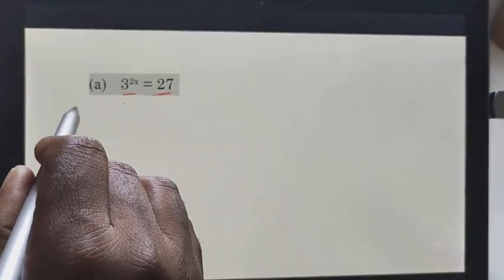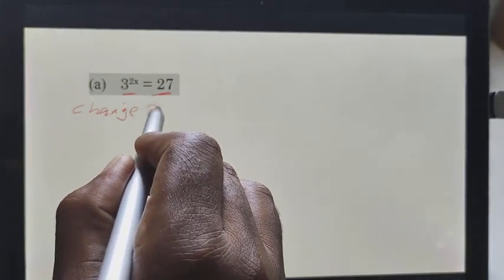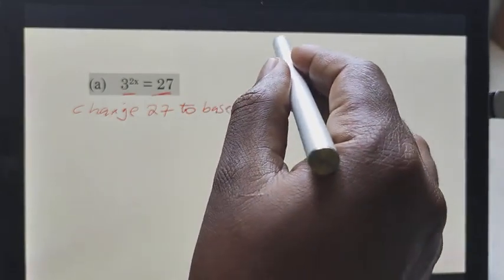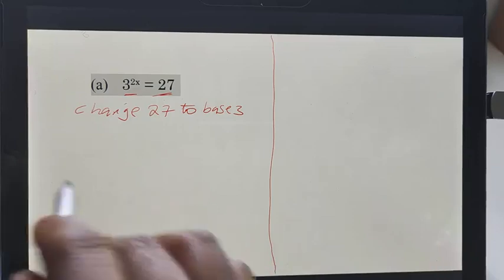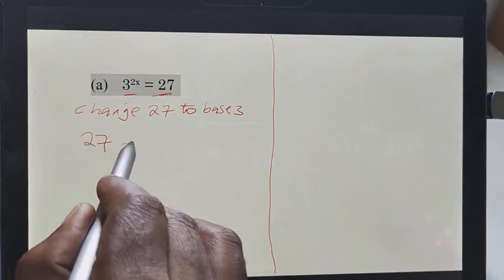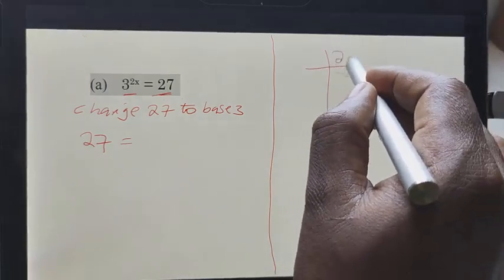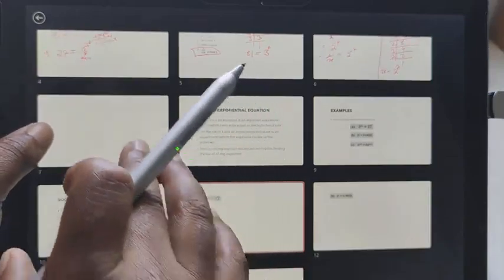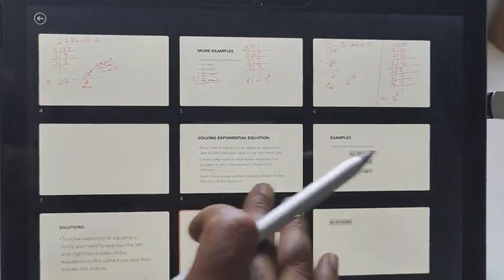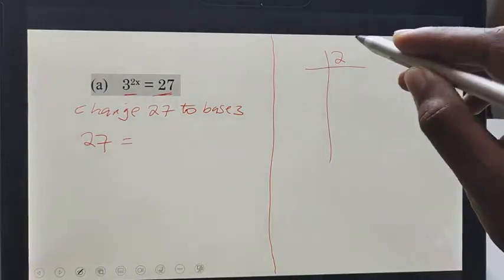So we change 27 to base 3. How do we do that?